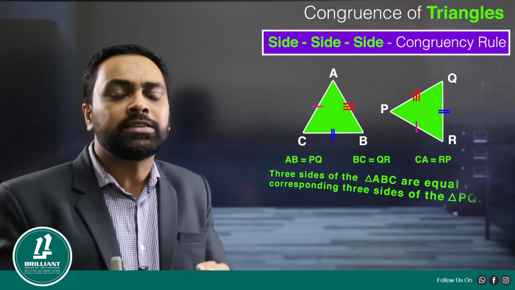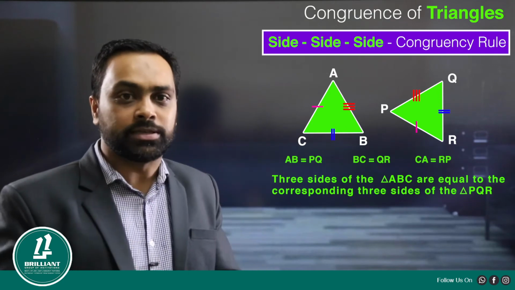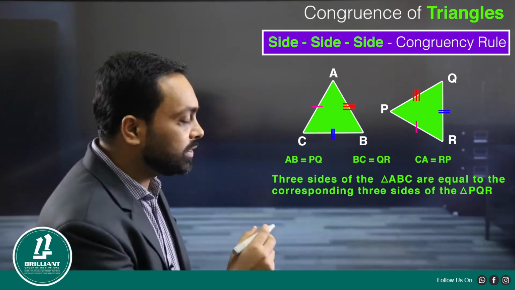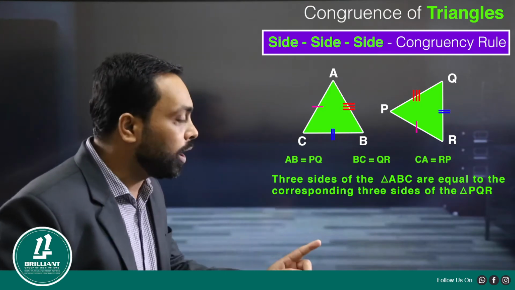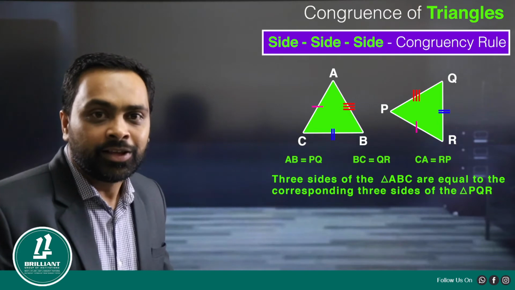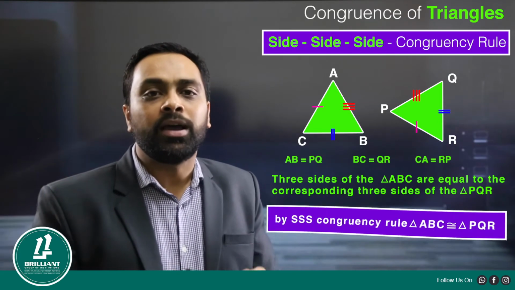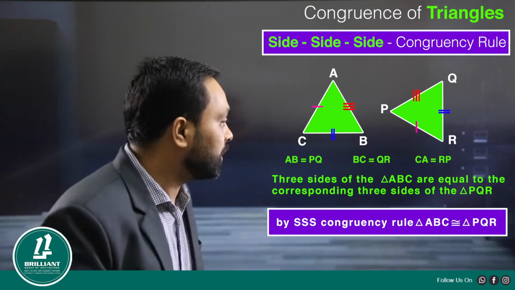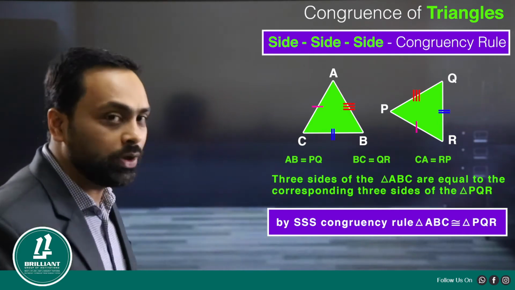That means all three sides of triangle ABC are correspondingly equal to all three sides of triangle PQR. Got it? So we can say that by the side congruency rule, these two triangles are congruent. How can we notate this?